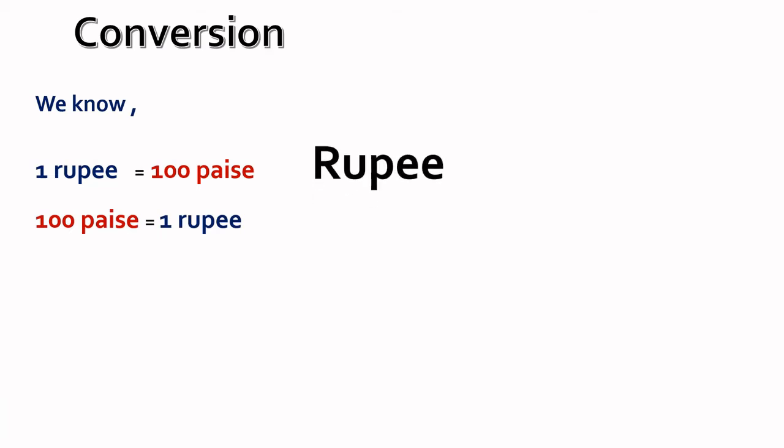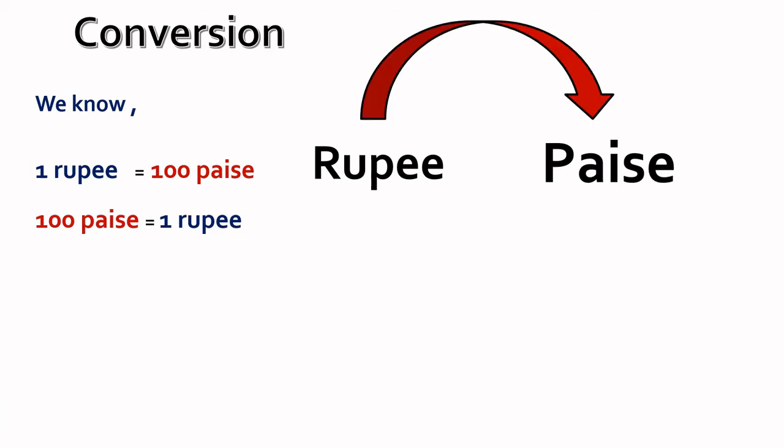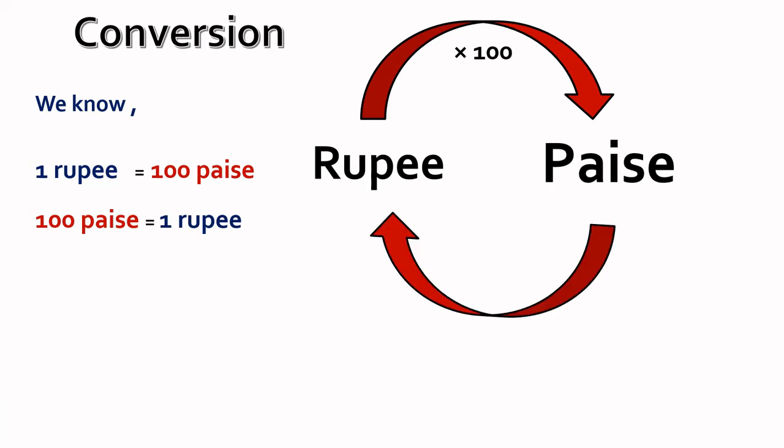This relationship between rupee and paise can be explained as follows. To convert rupees into paise, we have to multiply with 100. Similarly, to convert paise into rupees, we have to divide by 100.